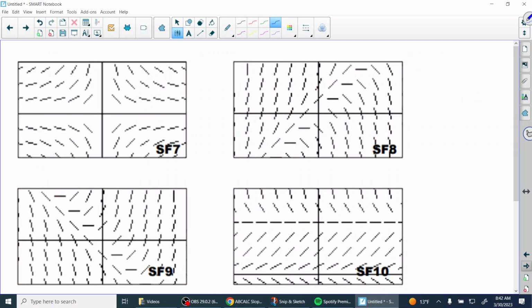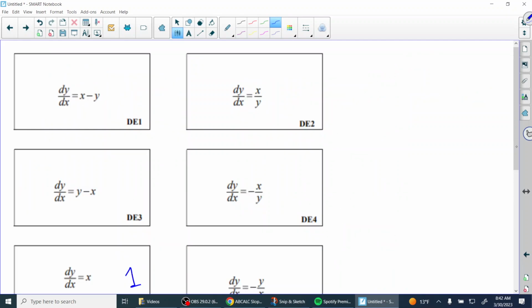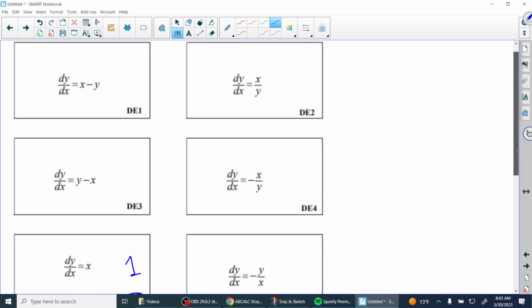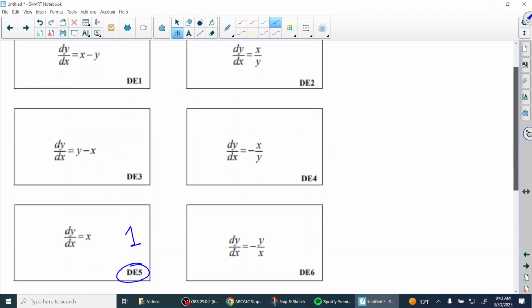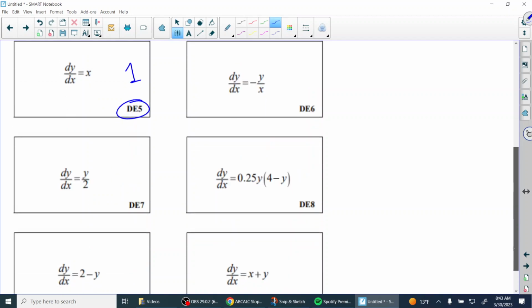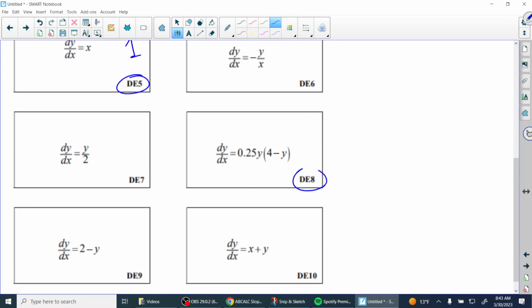Okay? So let's go look and see if that helps us at all. So there was no what? No X, just Y's. So that could be this one, or this one. Okay? So then we're going to plug in 2. If I plug in 2 here, I get 2 over 2. What's 2 over 2? 1.